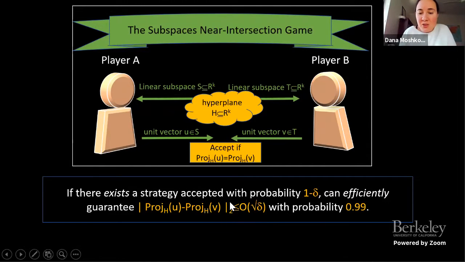Okay, so why is this? Because the fact that there exists a strategy that is accepted with probability 1 minus delta means that with probability 1 minus delta, the two things are going to be 0. So this would be 0. And then with probability delta, those two things can be maybe 1, right? Because it's unit vectors. So I get this bound of delta on the L2 squared from the completeness case. And so we expect the same in the soundness case.